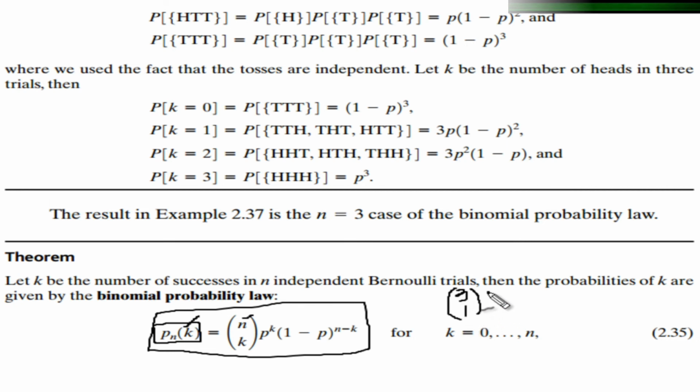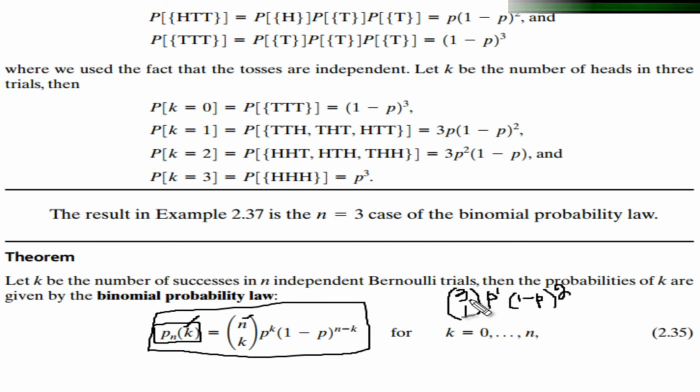The probability of a success is p, and the value of k is 1. Similarly 1 minus p, and you write the exponent as n minus k. N is 3 and k is 1, so here it will be 2.